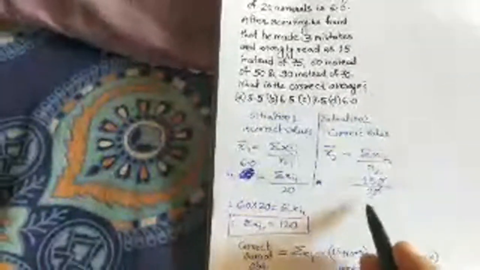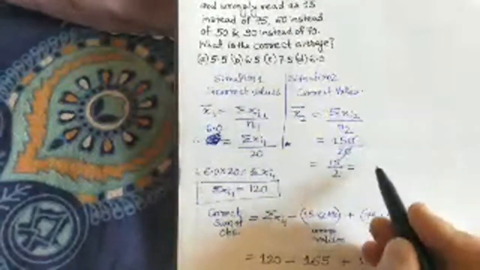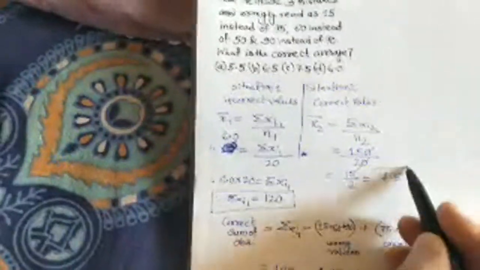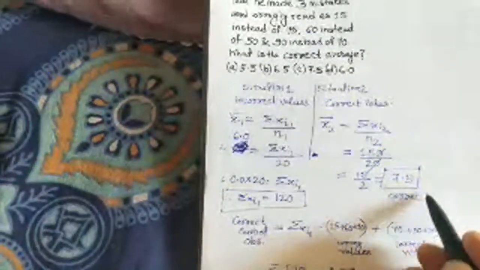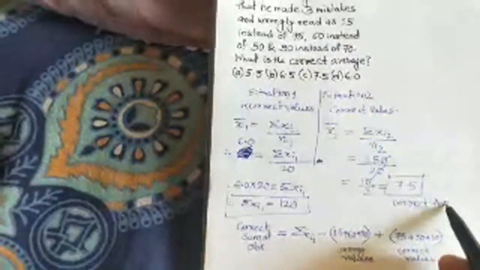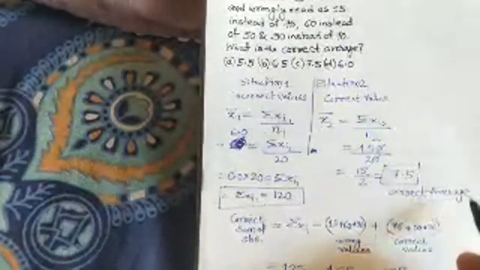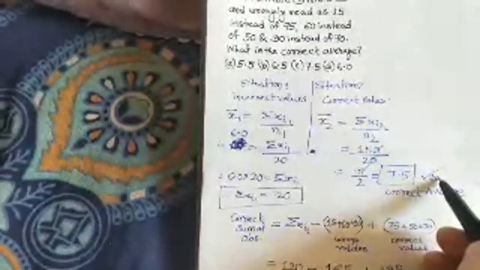And how many observations are we taking in this second situation? The number of observations is the same, that is 20. So 150 by 20 would be equal to 15 by 2, and 15 by 2 would be equal to 7.5. So the correct average is 7.5. This is your answer.